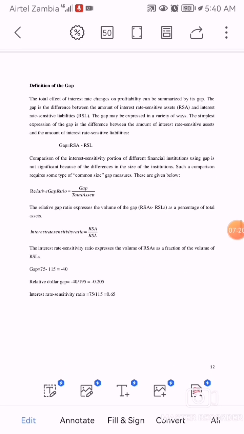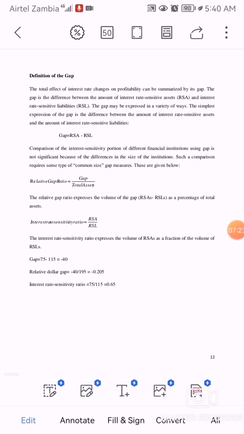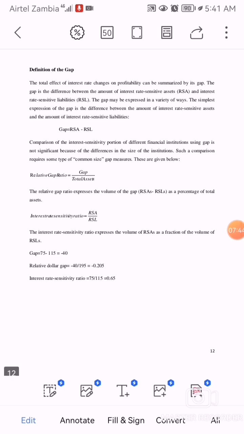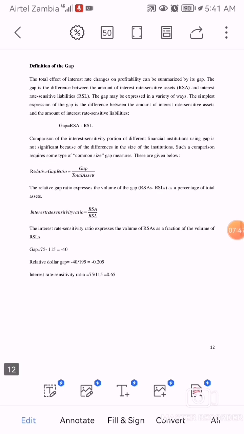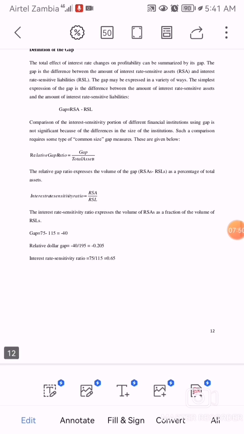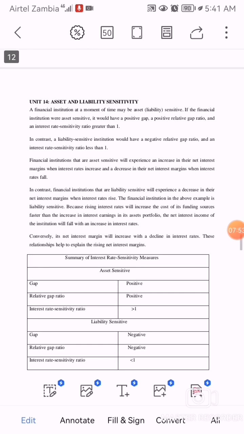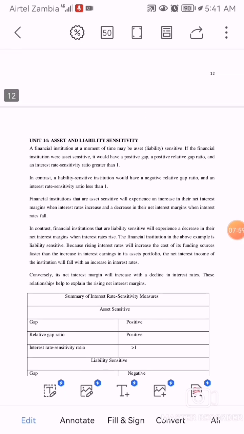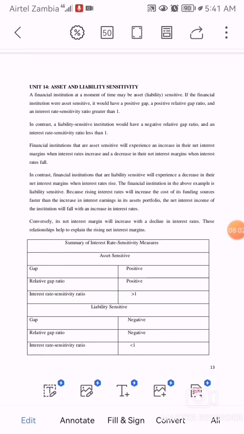So the relative gap ratio is basically the gap, the first answer you find, the difference between your rate sensitive assets and rate sensitive liabilities, over total assets. You sum up the total assets that you have, and you have your relative gap ratio. Here's a fact: once your gap is negative, automatically your relative gap ratio is negative, and your interest rate sensitive ratio will be less than 1.